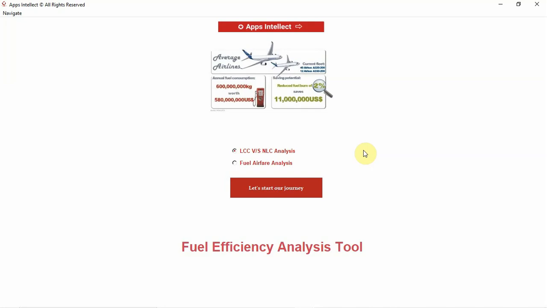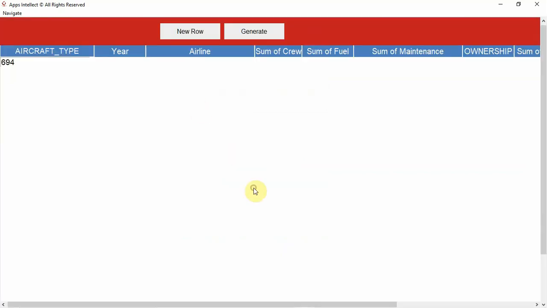Now this is the first application we have just distinguished, and the second application will come when we complete this first one. So let's start with this application. This is predefined input data. I'll click on new row, and all the data we want to use for this demo will be generated.